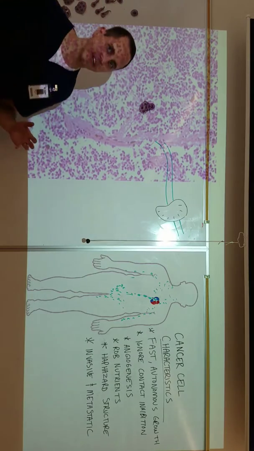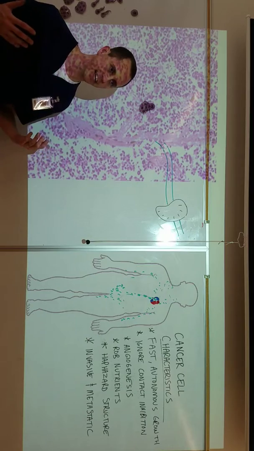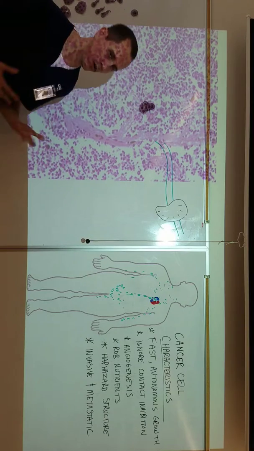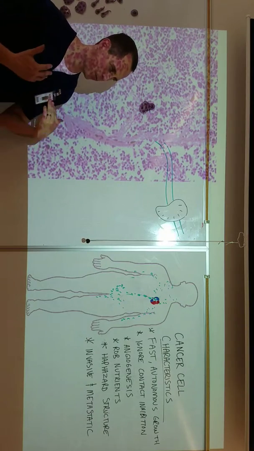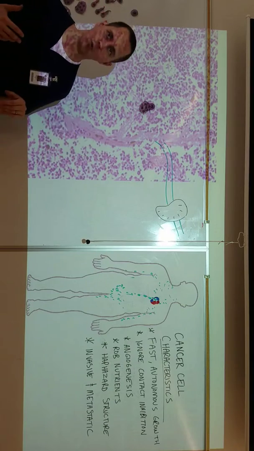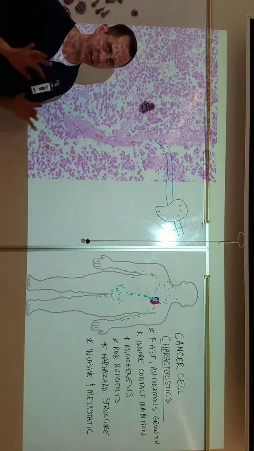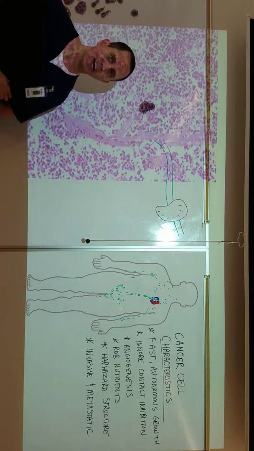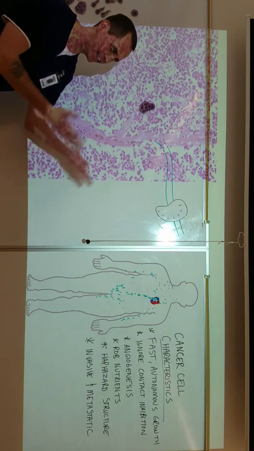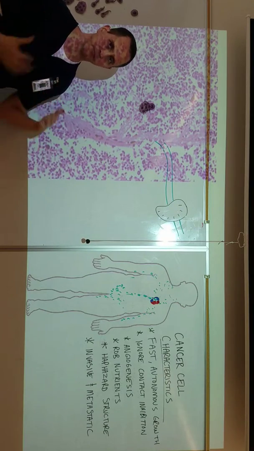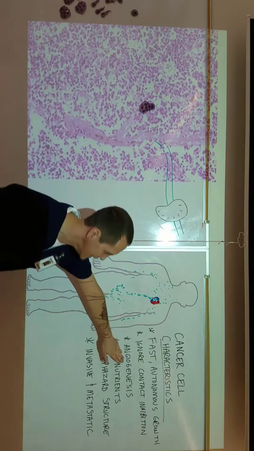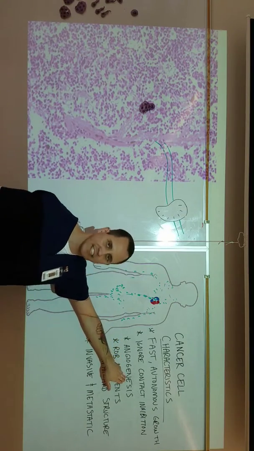Angiogenesis. So what makes cancer so scary is that these cells, because their origins are from our own tissue, even though they don't take orders on contact inhibition and growth size, are able to use our own body to create more blood flow to themselves by creating blood vessels. So angio means vessel. Genesis is creation.